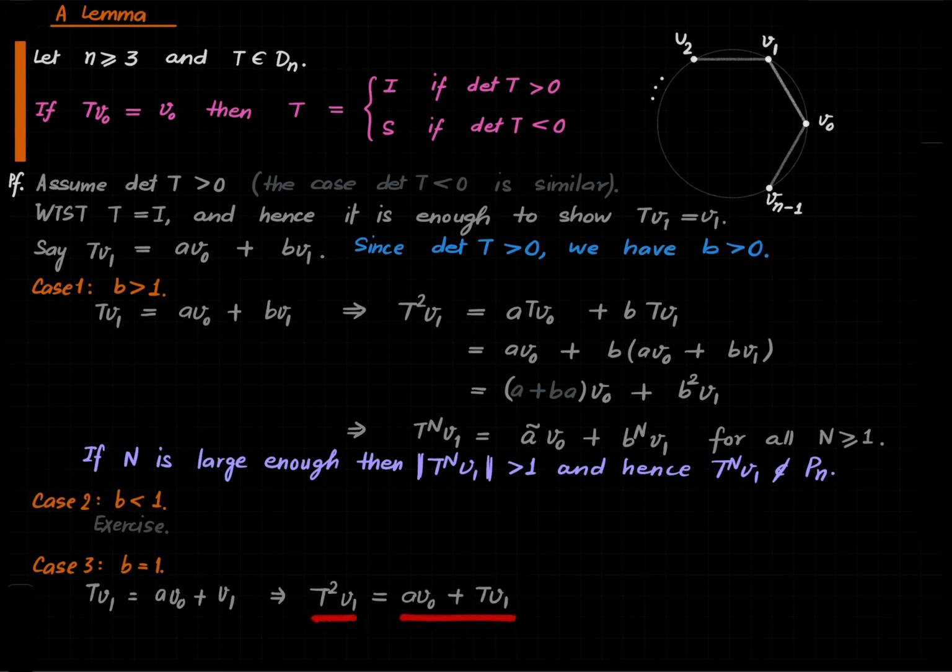This is equal to that. But again, you use the definition of TV1, or the expression of TV1. This is going to give us this equation, which is 2A V0 plus V1. And therefore, in general, you would see that this is equal to N A V0 plus V1 for all n.